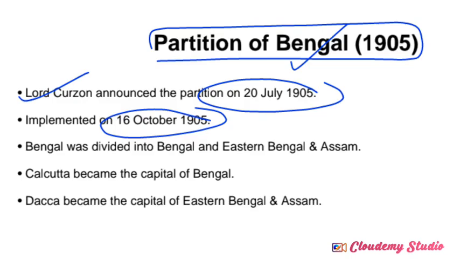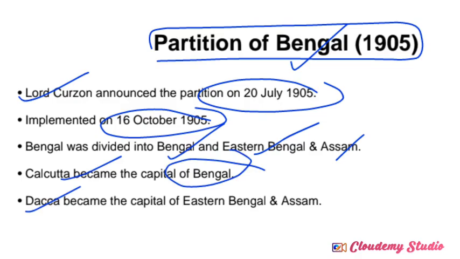He told the Indians that for the purpose of proper administration, they divided Bengal into Western Bengal and Eastern Bengal. Bengal was divided into the Bengal region and the Eastern Bengal and Assam region. Kolkata became the capital of the Bengal region and Dhaka became the capital of the Eastern Bengal and Assam region. So this is regarding the partition of Bengal.